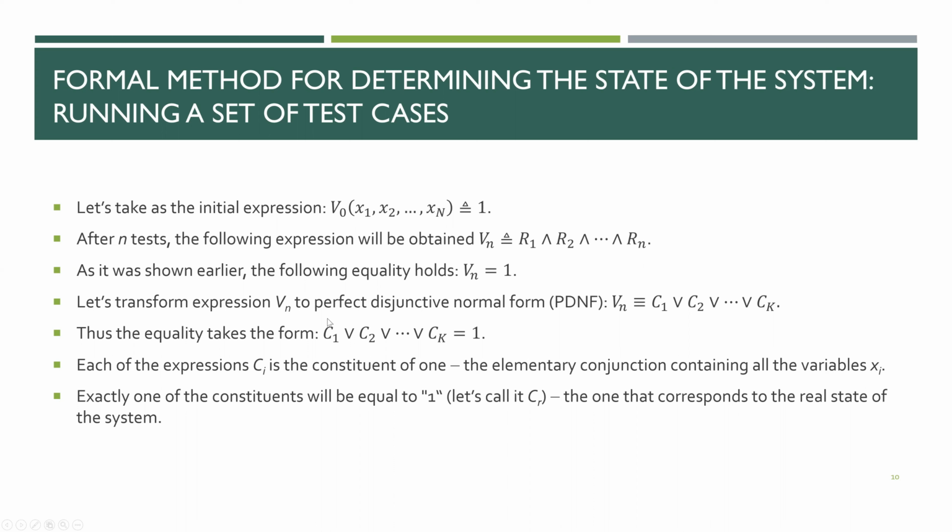So now let's transform this expression to perfect disjunctive normal form, PDNF, which is the disjunction of elementary conjunctions, which are constituents of 1.